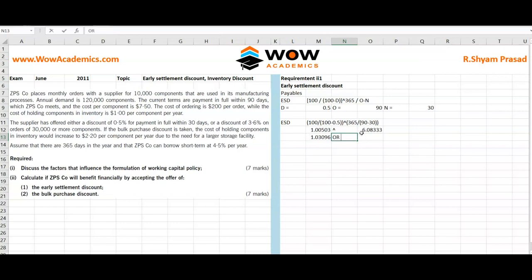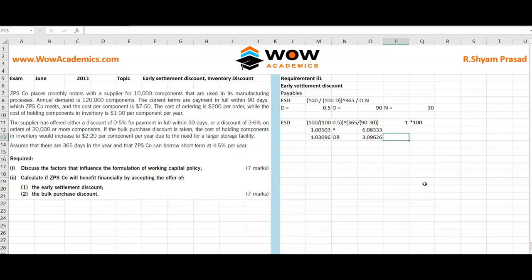This number can also be expressed as a percentage. In this formula you have to deduct 1 and multiply by 100 to get a percentage. So once you get an answer, you deduct 1 and multiply by 100, and you will get 3.09.